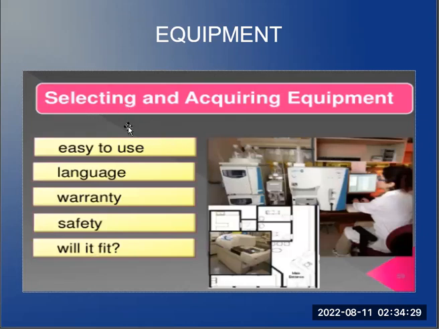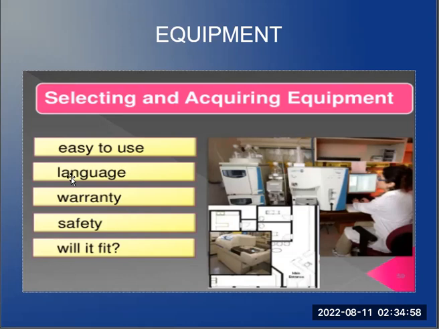So selecting and acquiring equipment. Equipment should be easy to use so that everyone can use it. Then language. Usually our machines come from European countries, so usually Dutch.